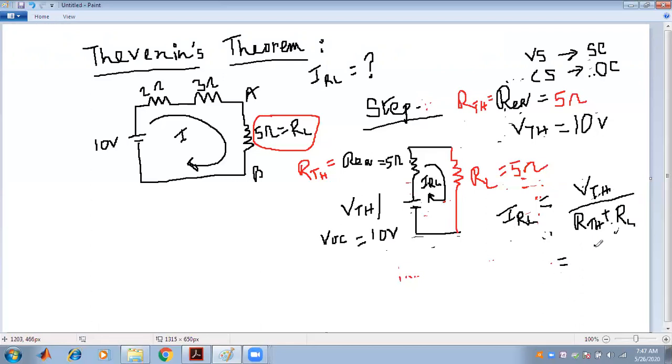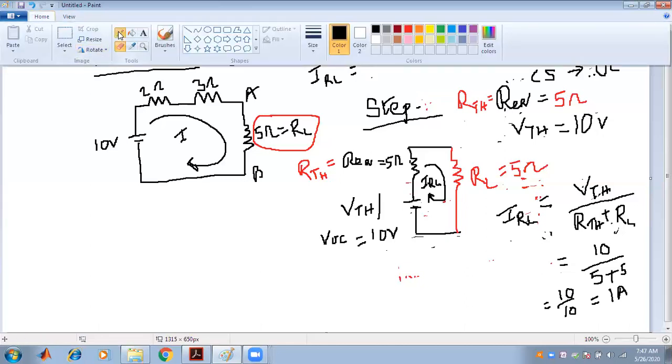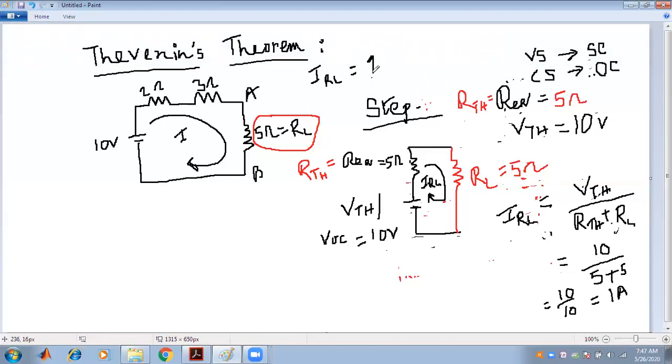So what is the current through the R of L? VTH is 10 volt, divided by RTH, here 5 ohm, plus RL, also 5 ohm, so it will be 10 by 10, that is 1 ampere. So what is the value of I of RL? Using the concept of Thevenin's theorem, I of RL is 1 ampere.